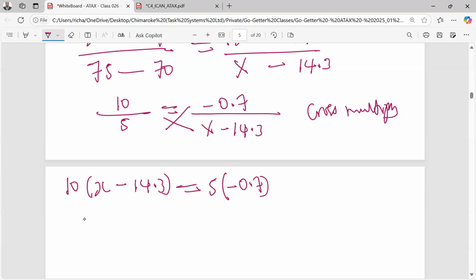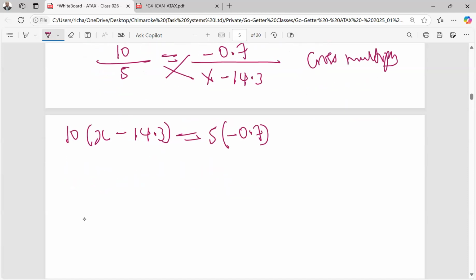Now you have cross multiplied. Now this is going to be 10x minus 143. That is when you say 10 times 14.3 will be equal to 5 times 7 is 35. That is minus 3.5.